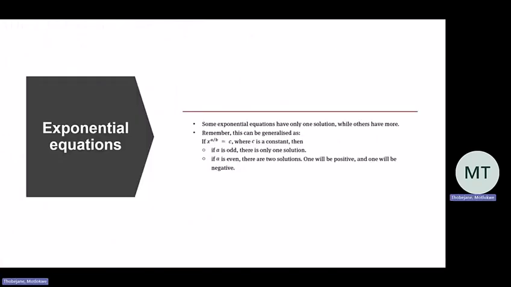Now, there is also this important exponential equation, right? By nature, when you practice, you will just know this thing. Some exponential equations have only one solution, while others have more. But it's important to remember this, right? This can be generalized in this way.